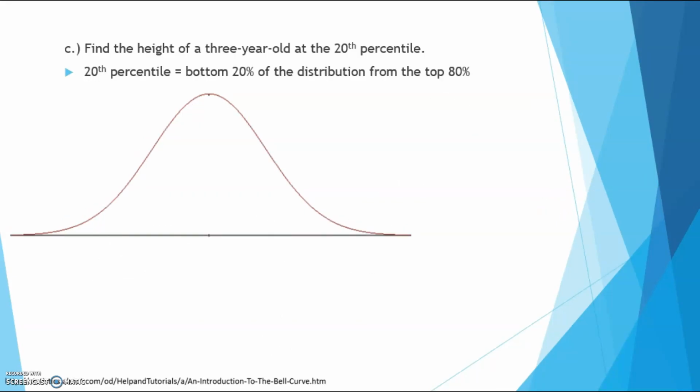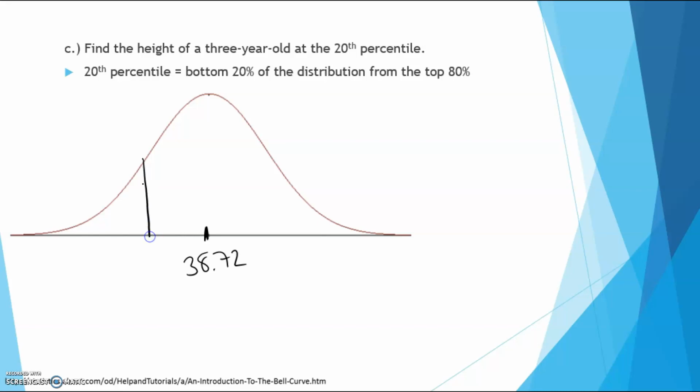Okay, part C. Find the height of a 3-year-old girl at the 20th percentile. The 20th percentile is the same thing as the bottom 20%. So we are going to have a mean that's still 38.72. And now we're looking for the bottom 20%.